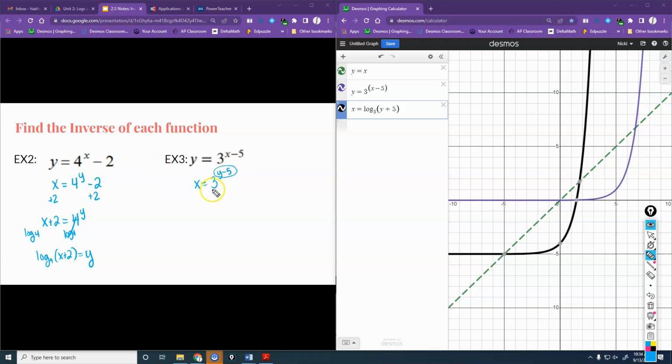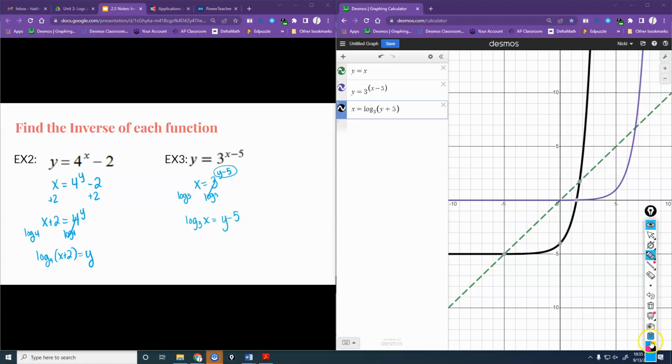So how do we get rid of the 3? We're going to log base 3 it. Can't divide because it's not 3 times y minus 5. It's 3 to the power. So we got to do log base 3, log base 3. So log base 3 of x equals y minus 5.